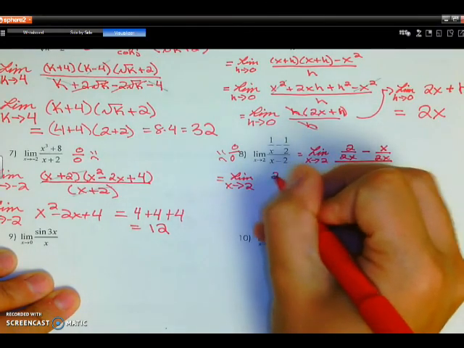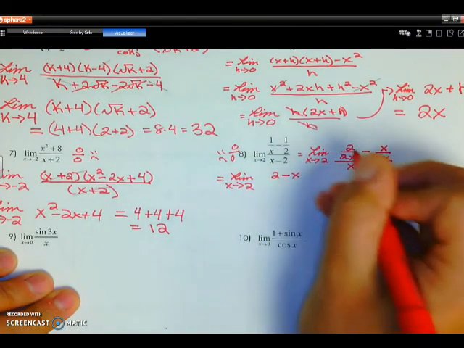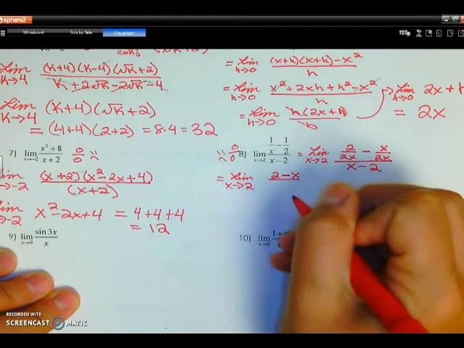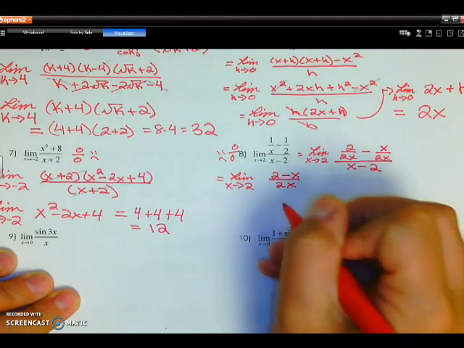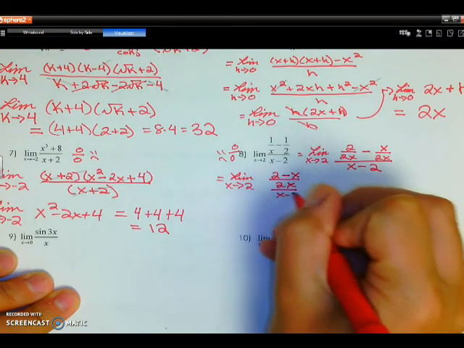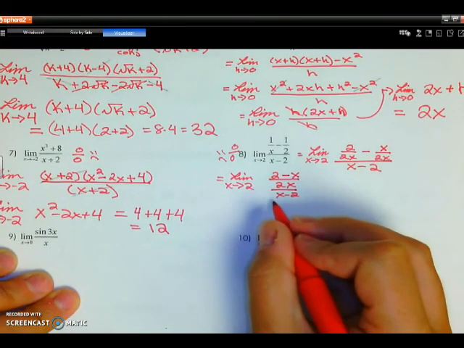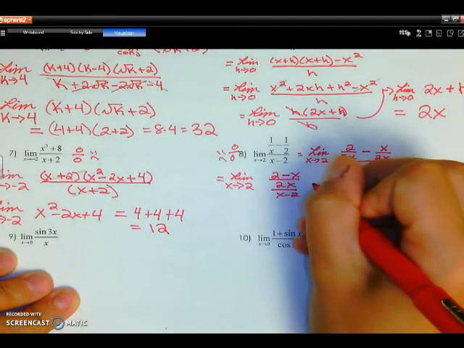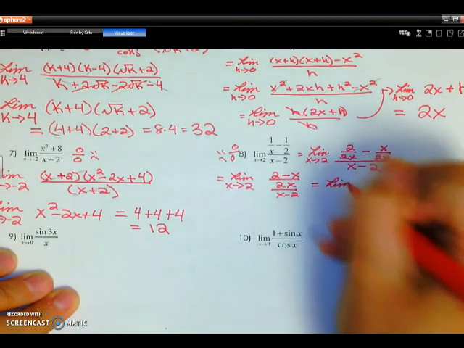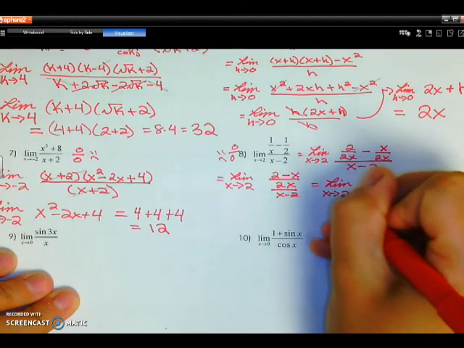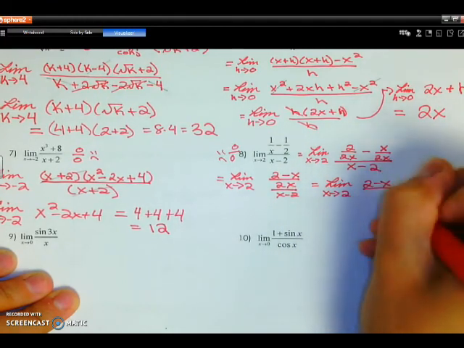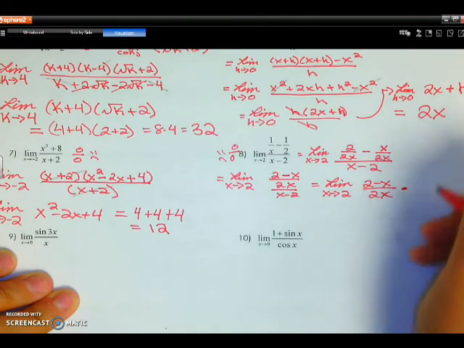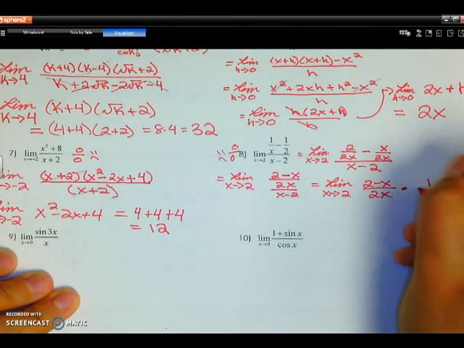And I'm going to rewrite it, so 2 minus x over 2x over x minus 2. And you could think of that as over 1 if you wanted to, because then I'm going to do, some of you call it keep, change, flip, something to that effect. So I'm going to rewrite this as the limit as x approaches 2. I'm going to keep this, change to multiplication, and then it'll be 1 over x minus 2 there.